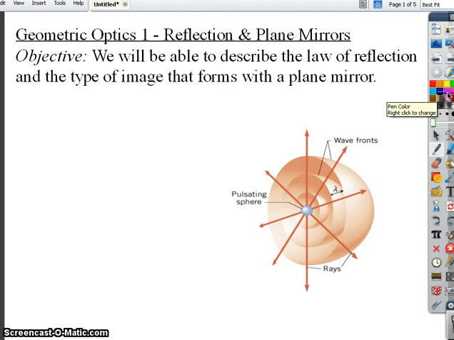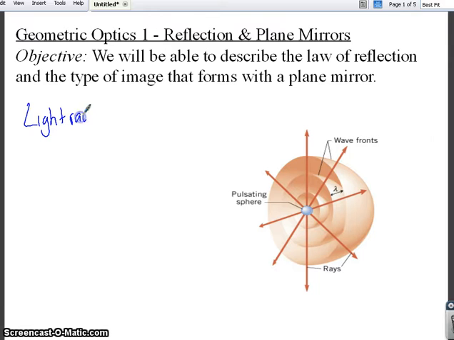The first thing we want to do is discuss light rays, or just rays for short. As you can see from this picture, this is a source of light, and it's going to send light rays in all directions. Notice these light rays are moving in all directions away from the source.